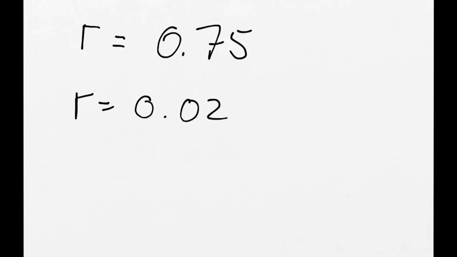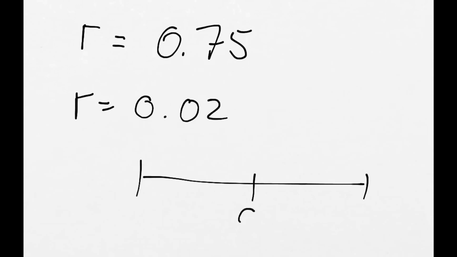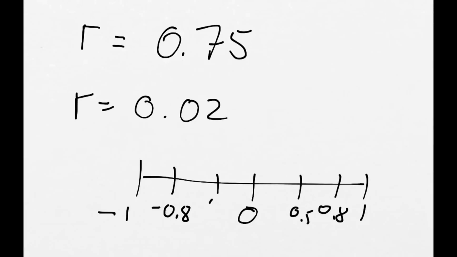So maybe I can draw that. Here's 0, here's -1, here's +1. Here's -0.8, 0.8, -0.5, 0.5. So this range here is no correlation. This range here is yes, but not terribly strong.